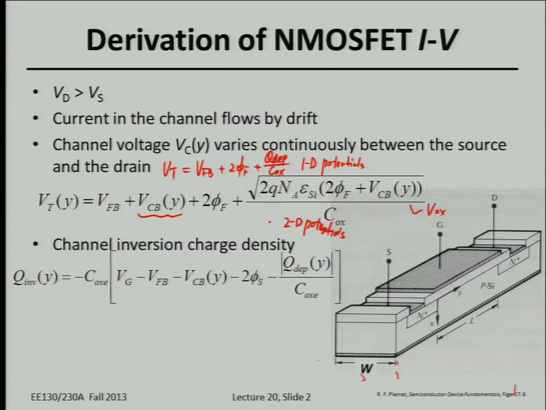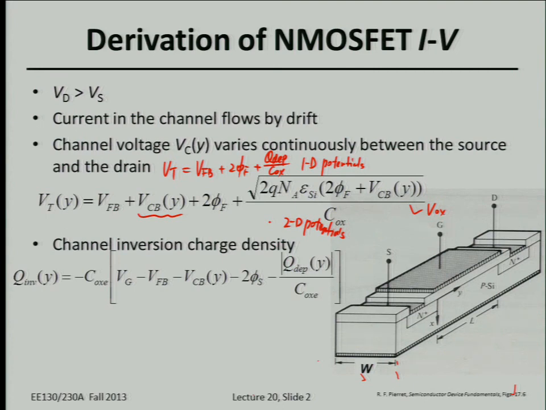If you look into the region near the source terminal, VCB will be 0, right? So in that case, you have a smaller threshold voltage value. But that corresponds to the minimum depletion charge as well as minimum depletion region width.